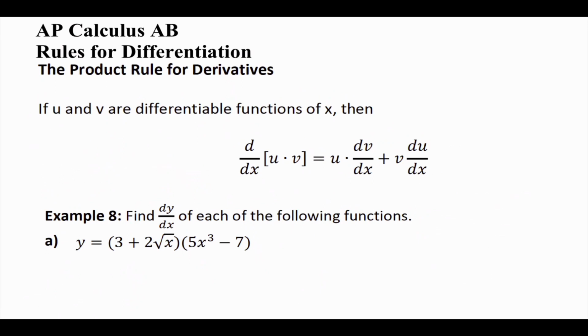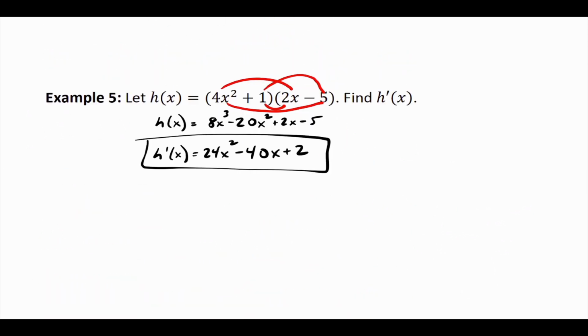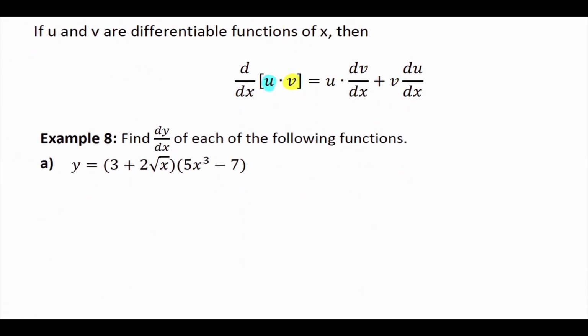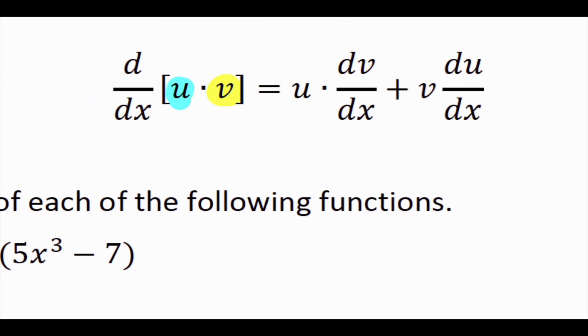We use the product rule when we're multiplying two functions together. So u and v are two separate functions, just like 4x squared plus 1 and 2x minus 5 were two separate functions, right? What do we do then? Well, this is what we do. We follow this. We take the first, rewrite the first.